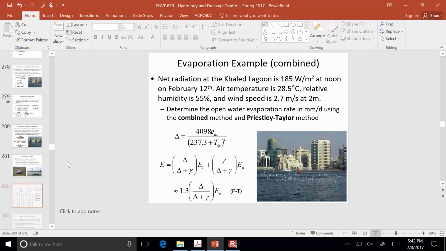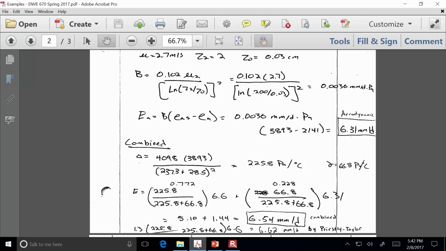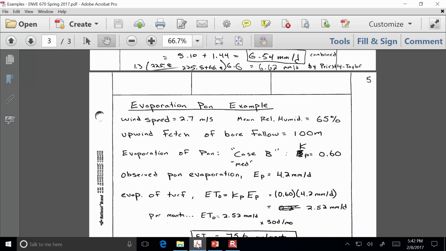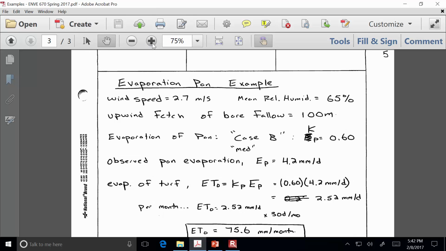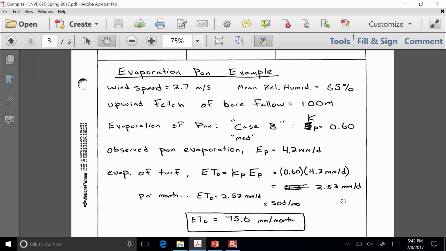Okay, so if we multiply that 0.60 by 4.2 millimeters per day, that is 2.52 millimeters per day. And on a monthly basis, that would be 75.6 millimeters per month is how much evapotranspiration we could expect for that bare fallow. So evaporation from a bare fallow.